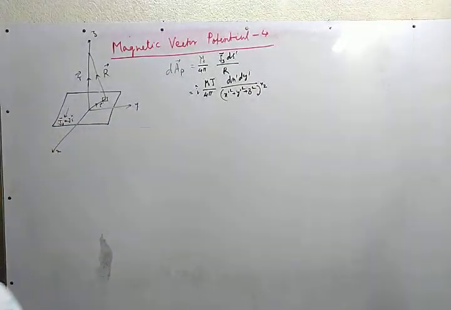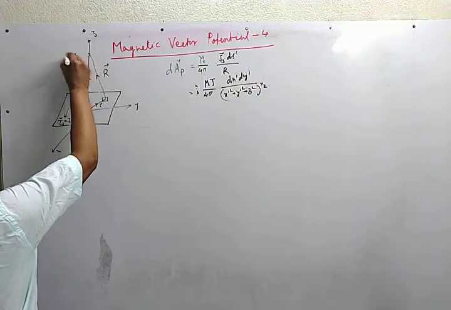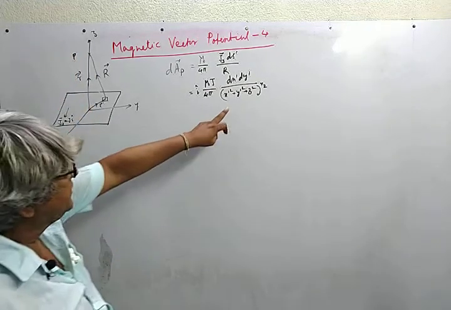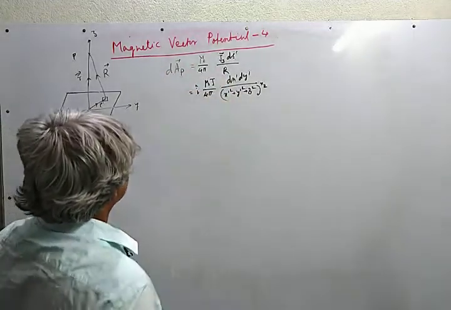If you want to find the total vector potential at point P due to this current sheet, then one needs to integrate this over x prime and y prime.